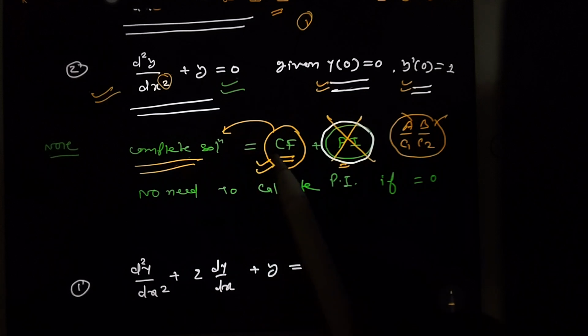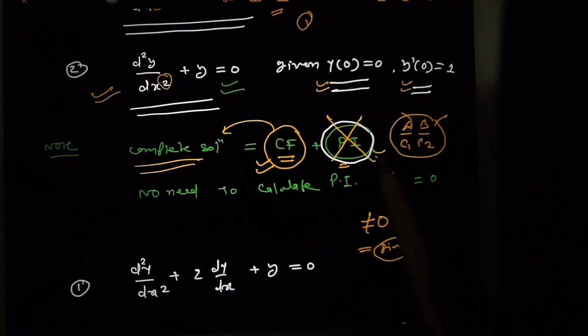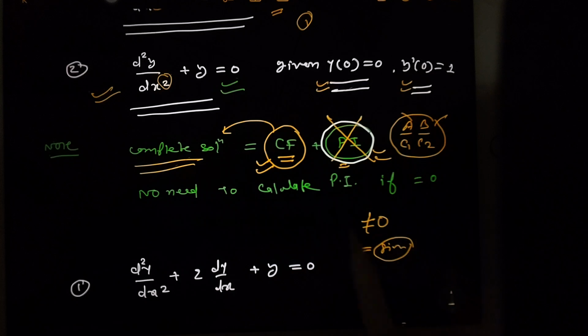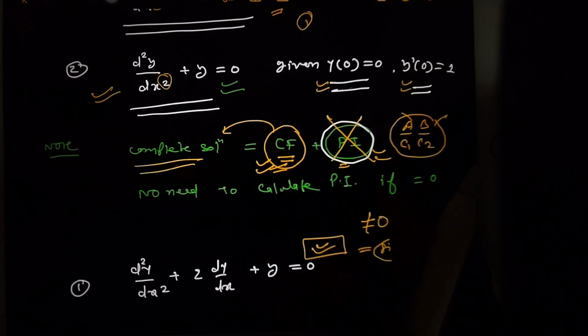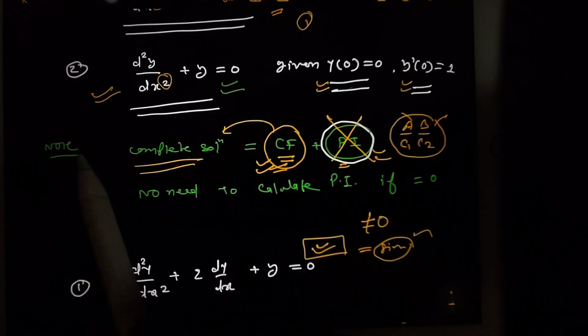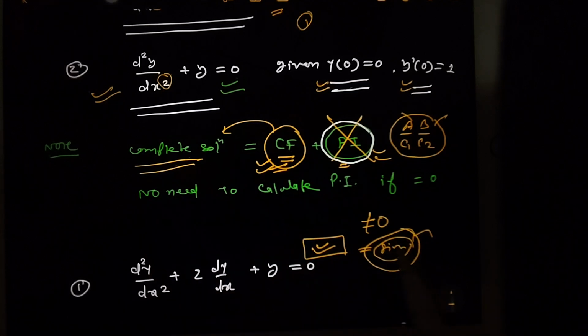But remember, some students may be thinking that if equal to 0 is not given, and something like sin x is given, then you have to calculate only PI. No, in that case you have to calculate complementary function for the left side and PI for the right side. It means complementary function you have to calculate always, whether it is equal to 0 or not. The complementary function method you are learning right now in this lecture, the same method you will follow even if the right side data is given. For complementary function you have to follow the same procedure.